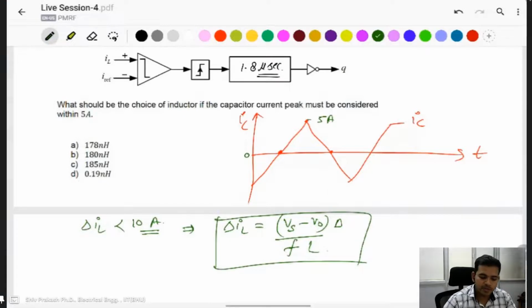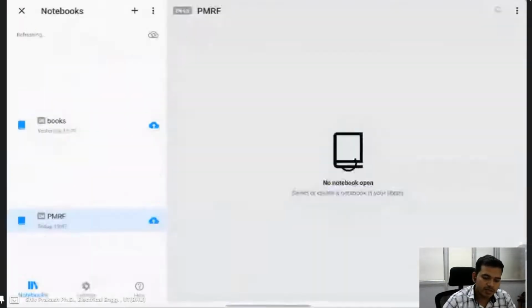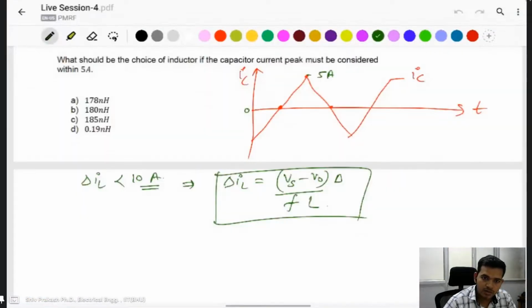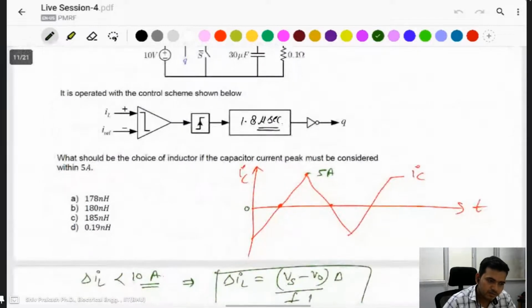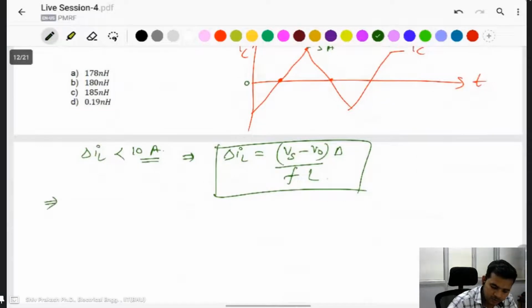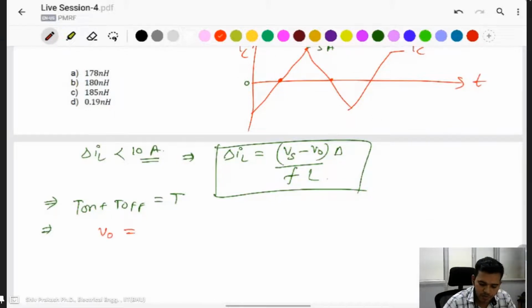This one is for the PWM converter, where the frequency is fixed, but here T on is given. T on plus T off, you know, is the total time period. V output, you know, is Vs times T on divided by T, that is D, the duty ratio.